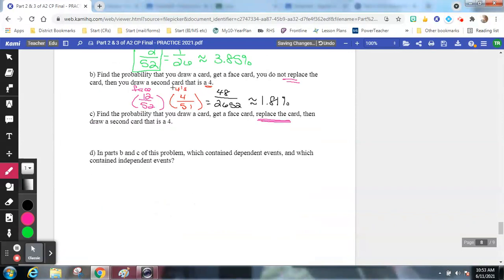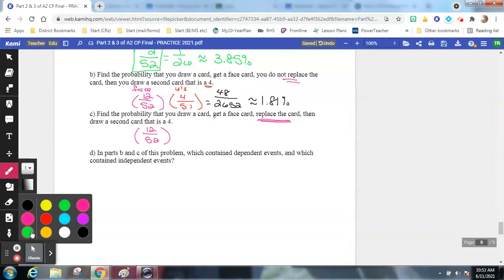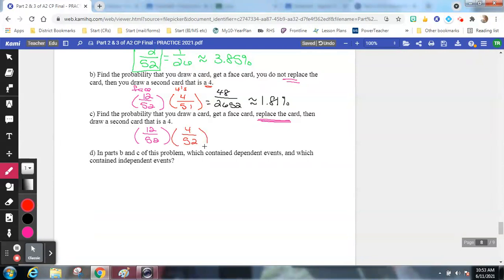So the only difference between part B and C is the fact that when you get to the fours, instead of being 4 out of 51, it's 4 out of 52 because I put the card back in the deck. Whatever I picked the first time, I put it back in the deck. So I still have 52 the second time I pull it out. And again, from here, I would have 48 for the 12 times 4. And on the bottom is 2704. Or just give me the decimal. Again, you guys can put those in your calculators.